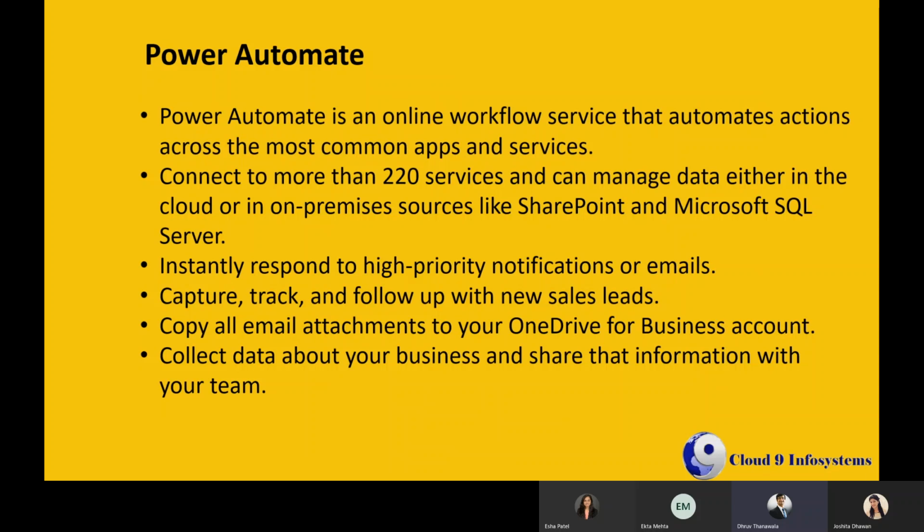We can respond to high priority notifications or emails using Microsoft Flow, capture, track, and follow up with new sales leads, copy all email attachments to our OneDrive for Business account, and collect data from the business and share it internally with the team. It reduces our manual work, which is what the word automate stands for. It's a great tool provided by Microsoft.